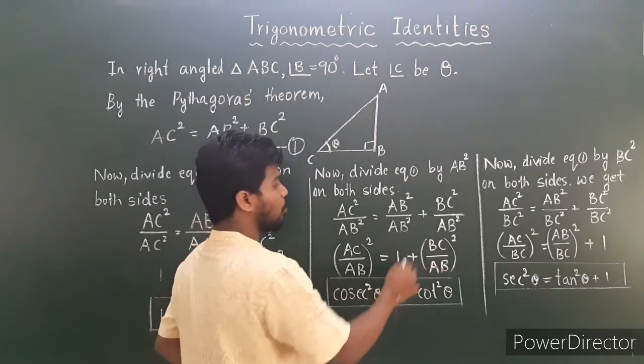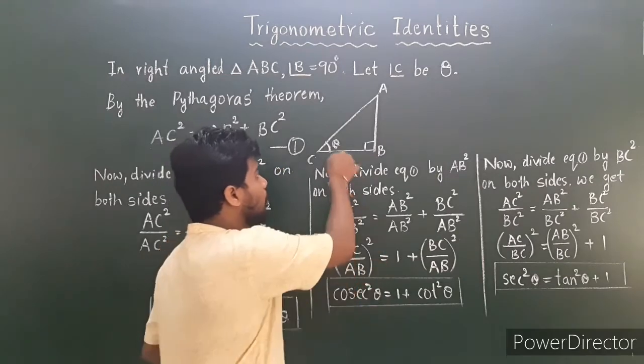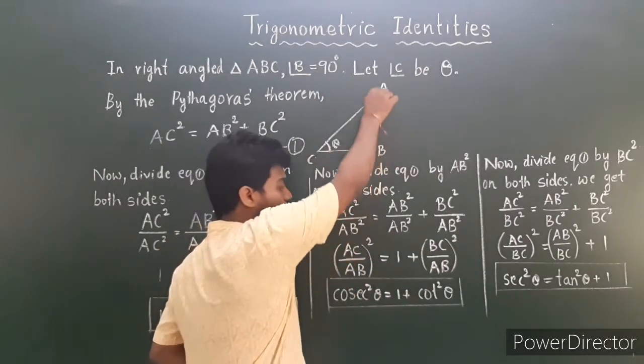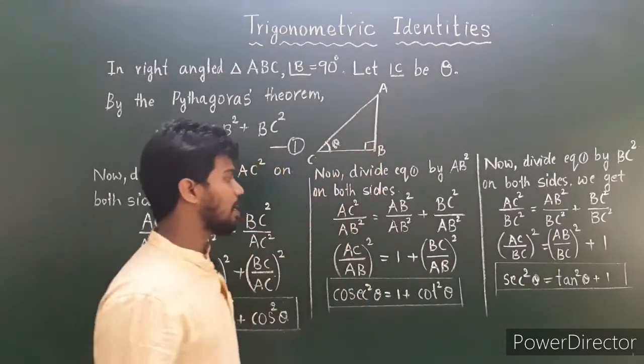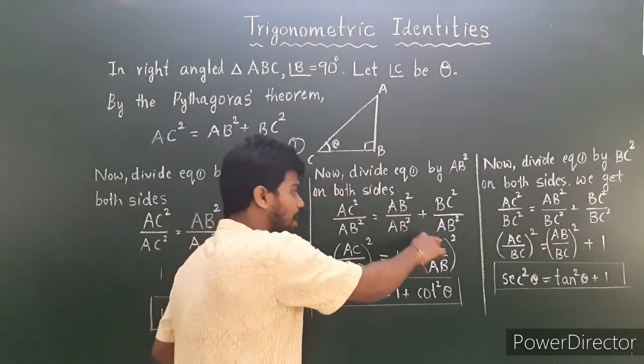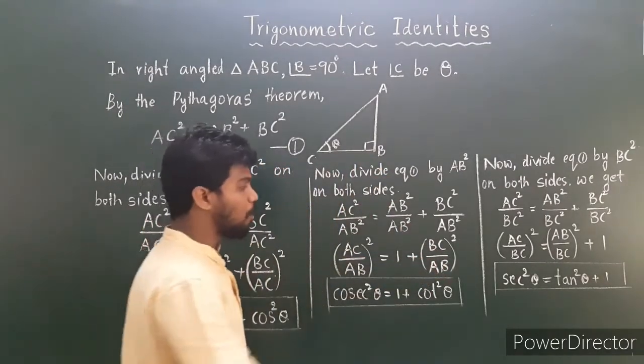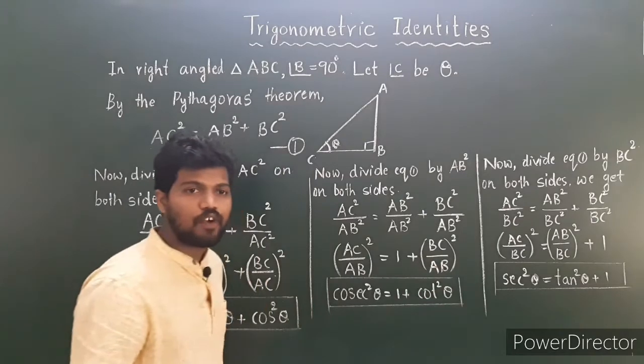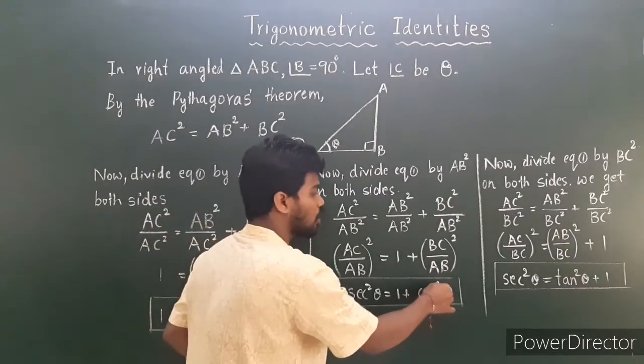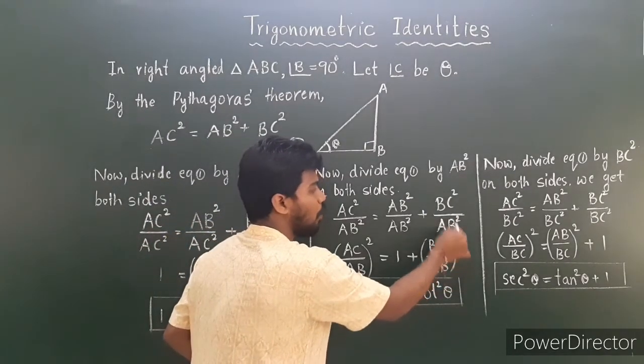And BC is the adjacent side and AB the opposite side, so adjacent side divided by opposite side is the definition of cot. So that is cot square theta, since we have a square.